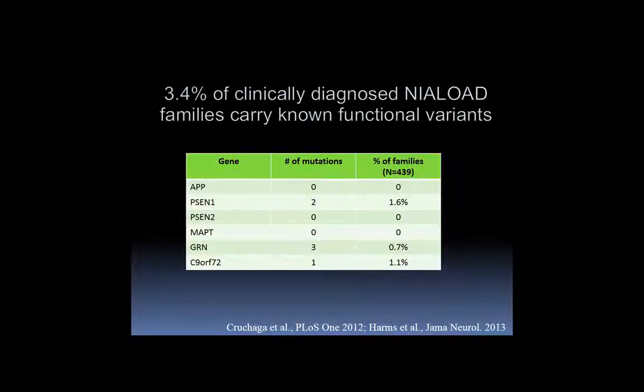My impression from talking to people who order these tests is they're much more likely to order a test like this in a sporadic early onset case than in a familial late onset case. And I think that's probably the wrong strategy. It's now been shown that there are de novo mutations that lead to sporadic early onset AD in a proportion of them, but it's pretty rare.